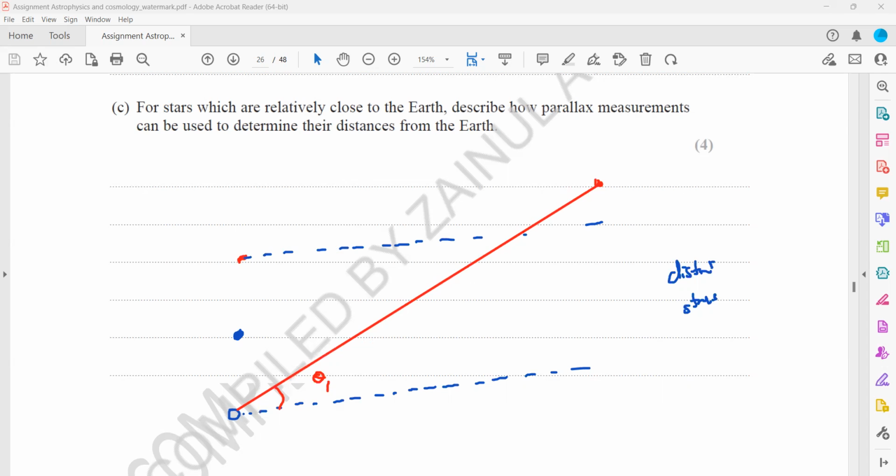We measure the angle of this star again, the change in angle, and that we call theta 2. The distance between Earth and the Sun is known, which is 1 astronomical unit. So using a trigonometric ratio, we can determine this distance d.